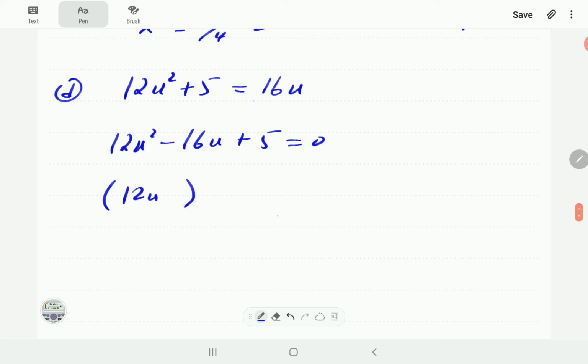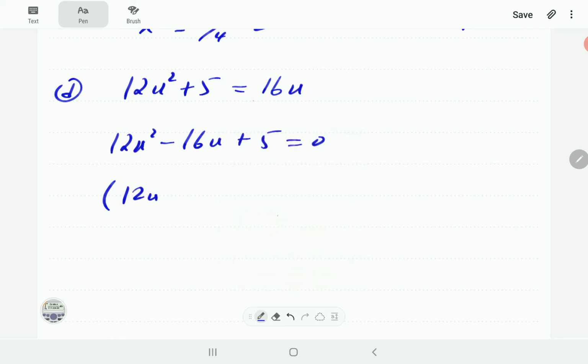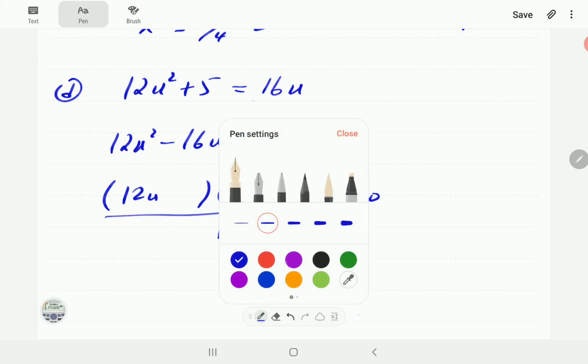Then we are going to have to look for two numbers. They are going to need to multiply to 12 times 5, which is 60. So two numbers that multiply to 60 and add to negative 16. Okay, I think this time we can find those numbers easily.